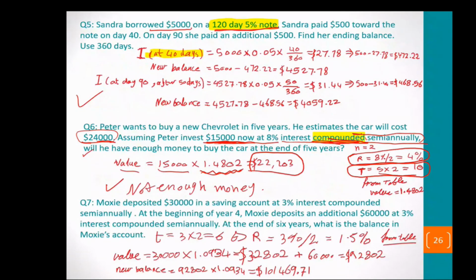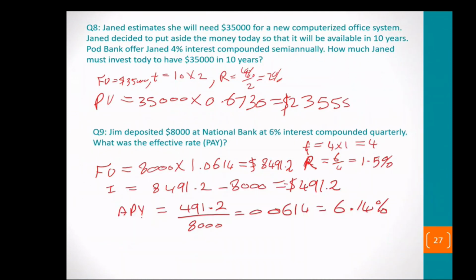And this question is also the same, question 7. Jane estimates she will need $35,000 for a new computerized office system.